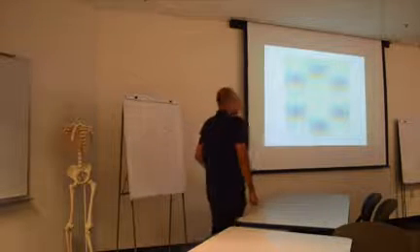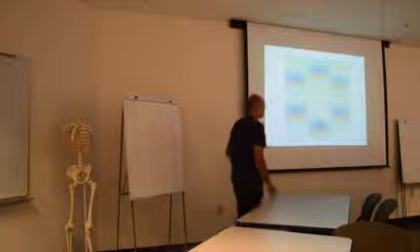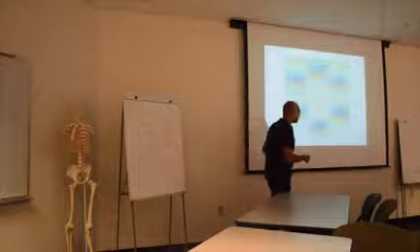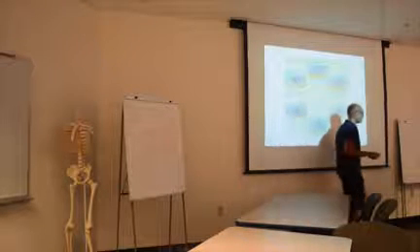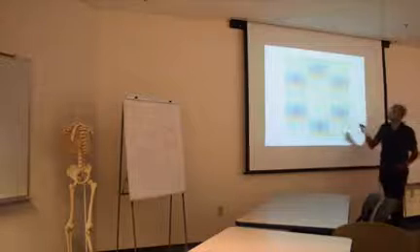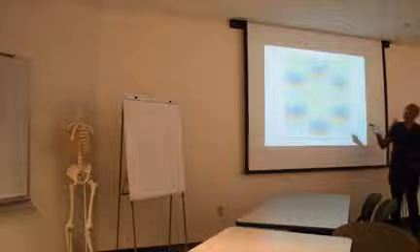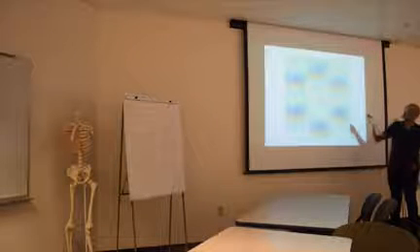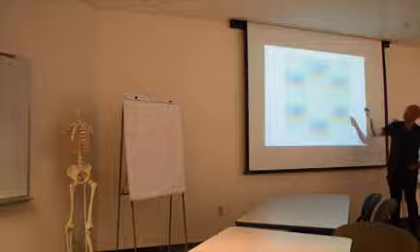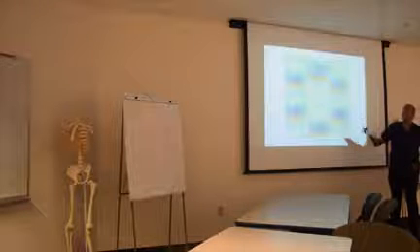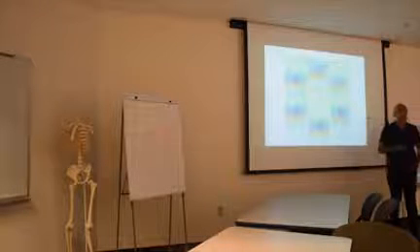First example of active processes will be active transport. So let's see on this diagram, you will have more potassium on the inside and more sodium on the outside. So you see more yellow out than in, and more green in than out.